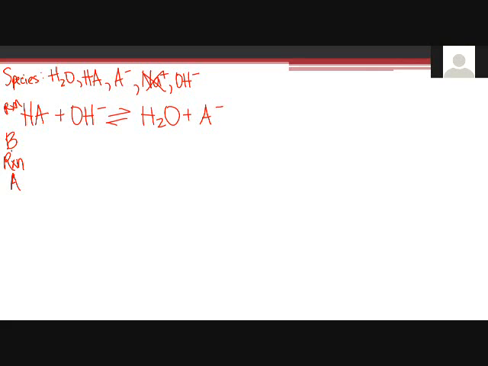Since we're dealing with 1 liter, we can just assume that everything's molarity. If you look back at the last example, it was just already given to us in molars. So we're just going to plug in that if we have the 0.01 moles in 1 liter for the base, it's just going to be 0.01 molar.